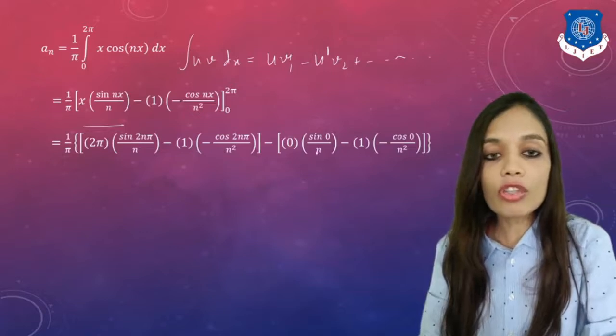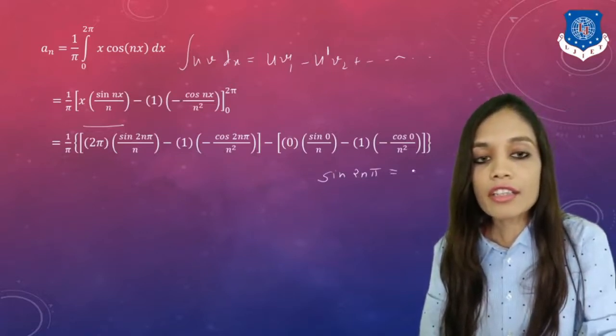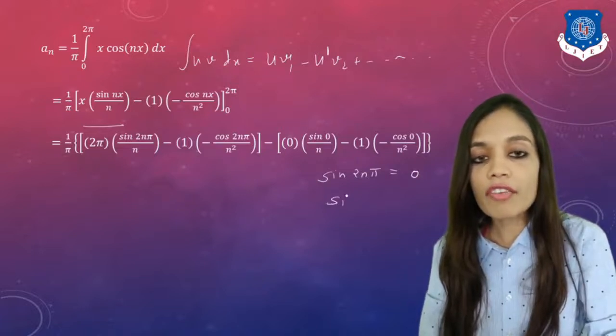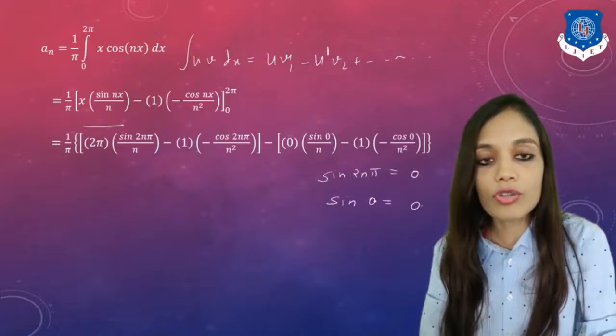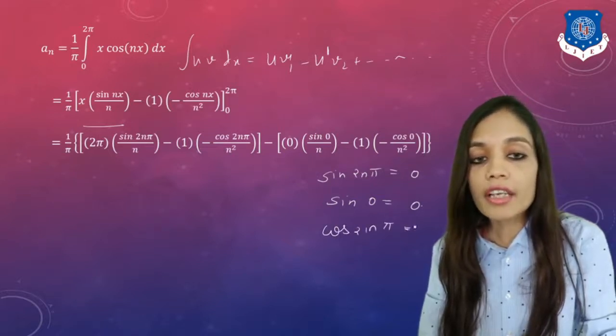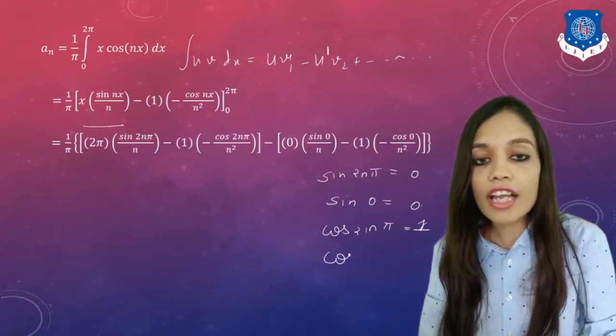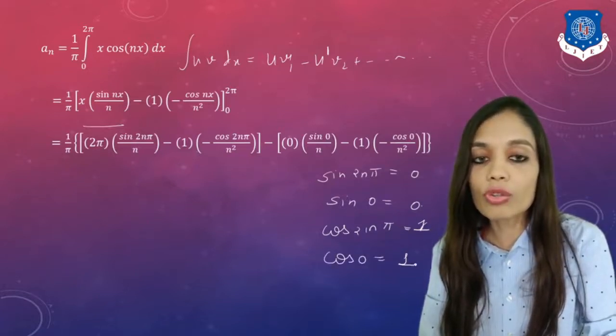Now we all know the value of sin 2n pi is equal to 0. Similarly, the value of sin 0 is equal to 0. The value of cos 2n pi is equal to 1 because it is an even multiple of pi. And lastly, the value of cos 0 is equal to 1.